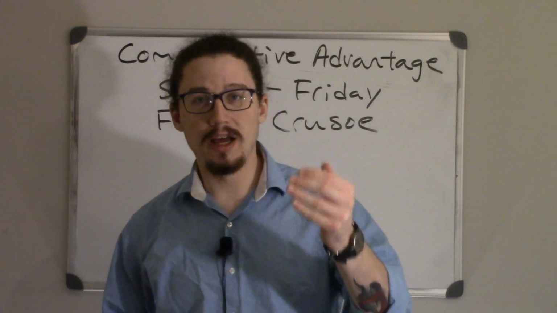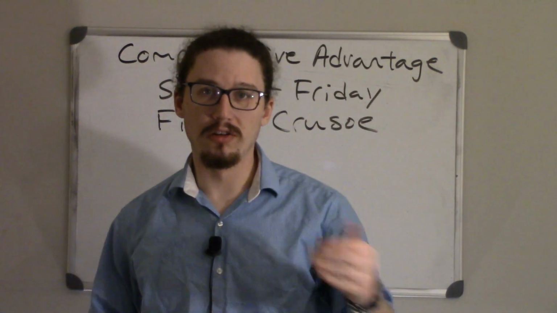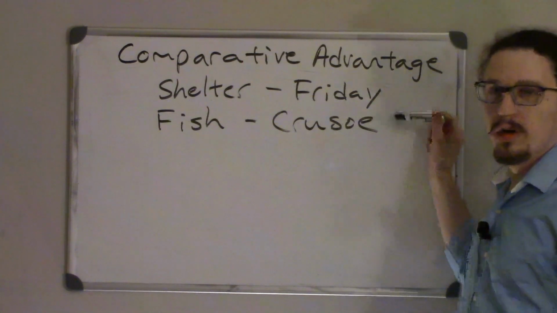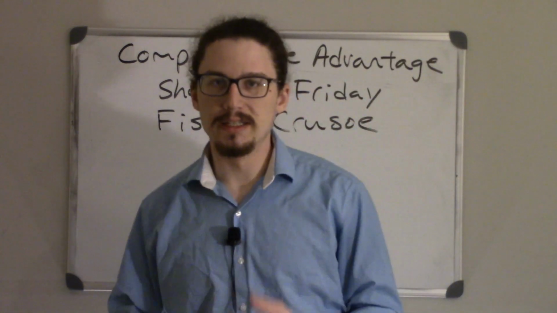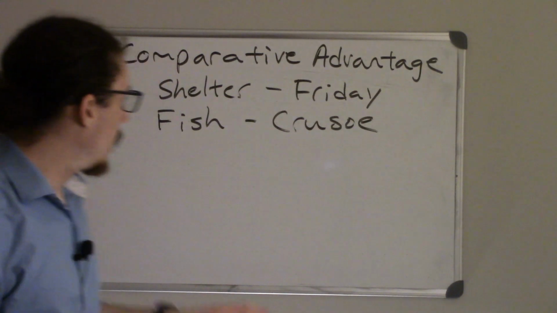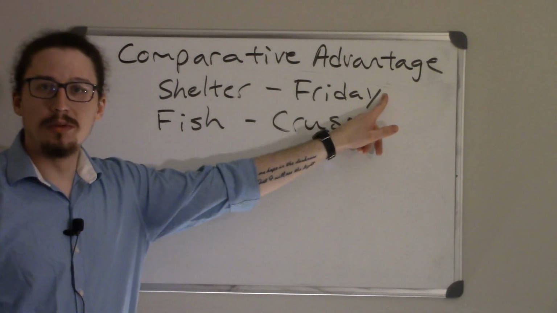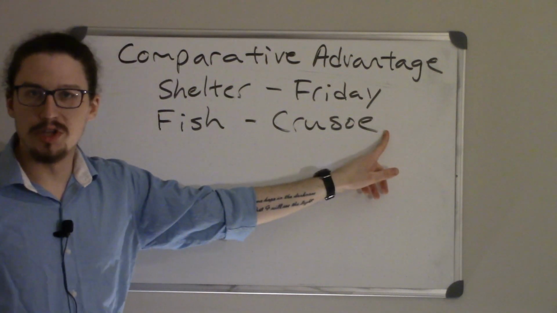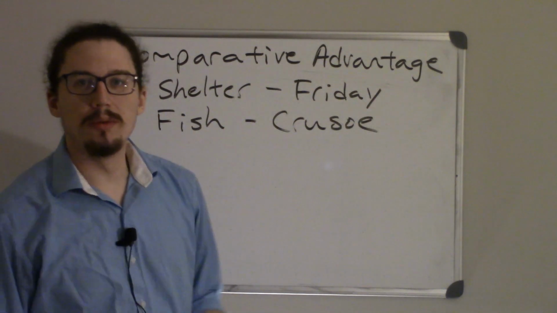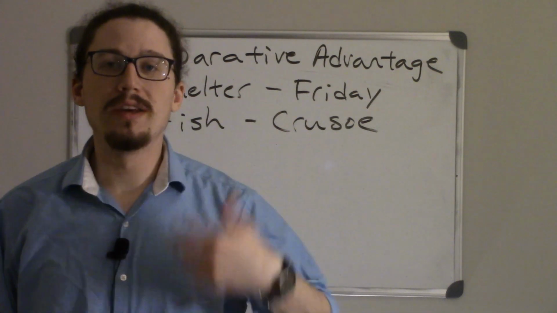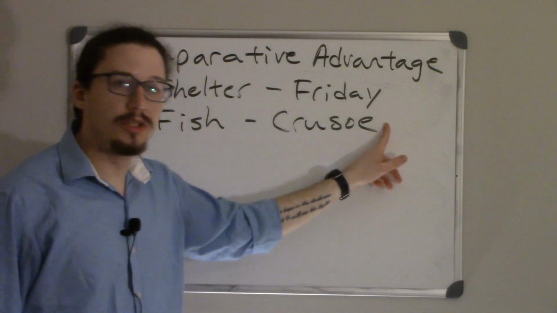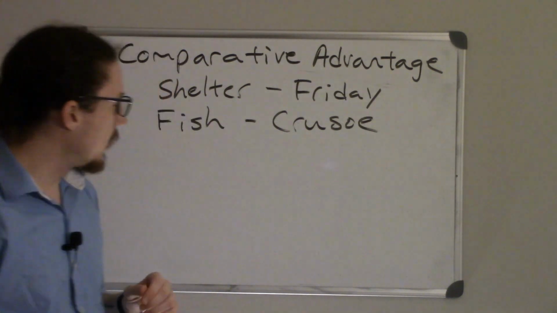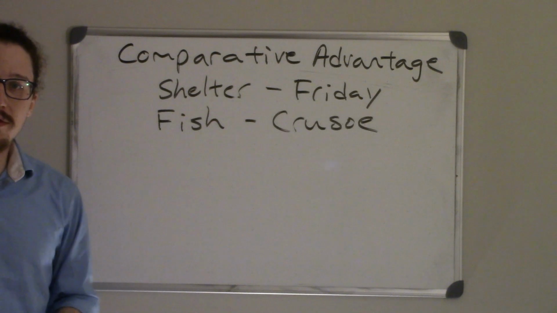So if you have the comparative advantage for a particular good, it means that your time is best used making that good, right? That's the most efficient use of your time. For Crusoe, the most efficient use of his time is catching fish, because Friday is going to be able to build more shelter while giving up fewer fish than Crusoe is, and Crusoe is going to be able to catch fish without losing as much in terms of shelter as Friday is.